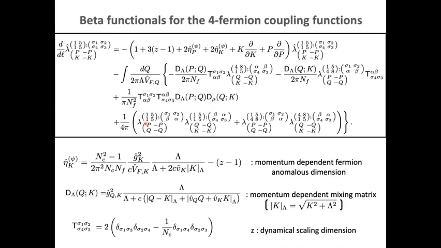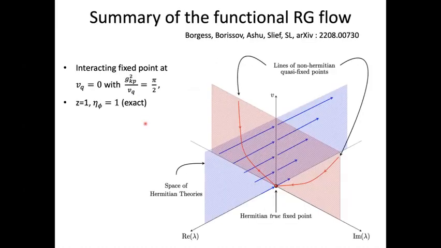Okay, so here is the summary of functional RG flow. Here I have only kept nesting angle. This is still schematic because the full functional RG is in the space of coupling functions.